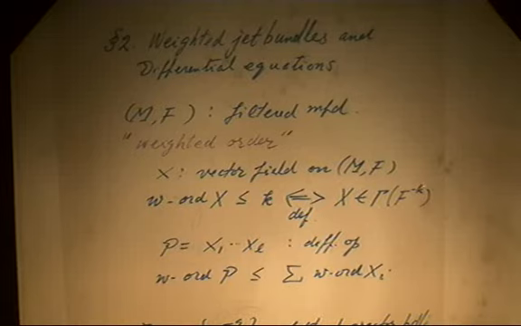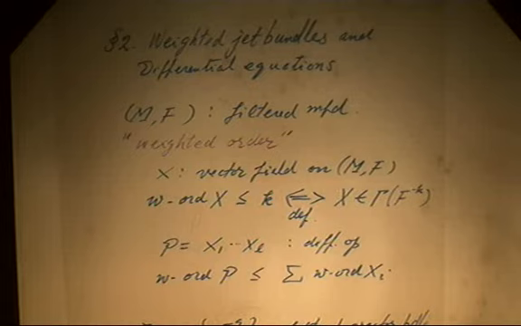Okay. Because our filtration is negatively concentrated, I changed the sign. So the vector field X is called weighted order less than k if X is a section of F minus k.